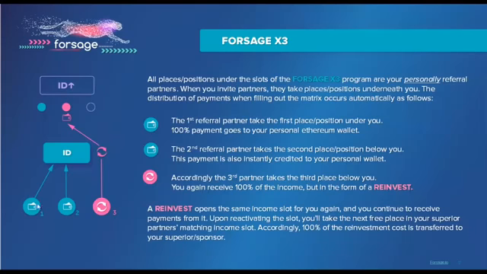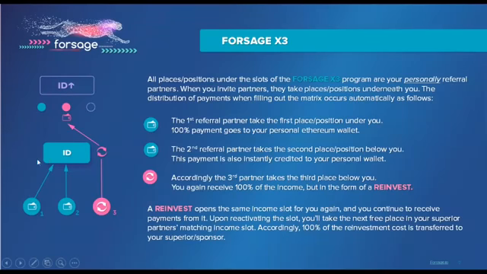As you can see here, you can think of this first slot as your wallet. You do have an Ethereum wallet using MetaMask, or even on mobile with Trust Wallet, always tied to your member ID. When your first payment comes in, your first referral partner takes the first position underneath you, and 100% of that payment will go to your Ethereum wallet.